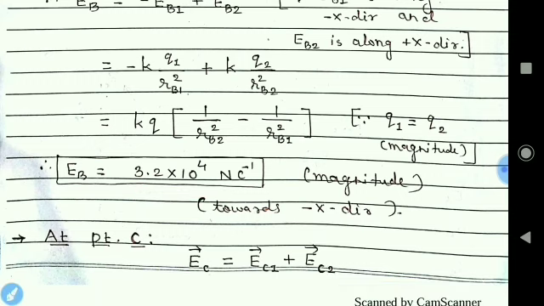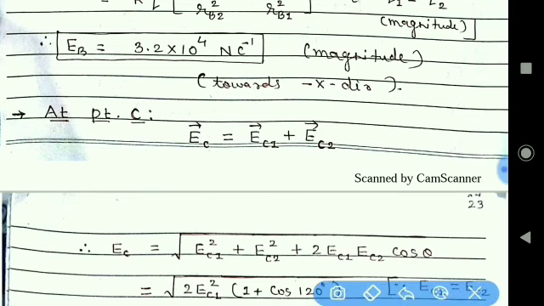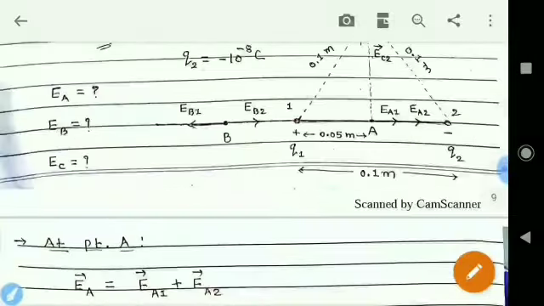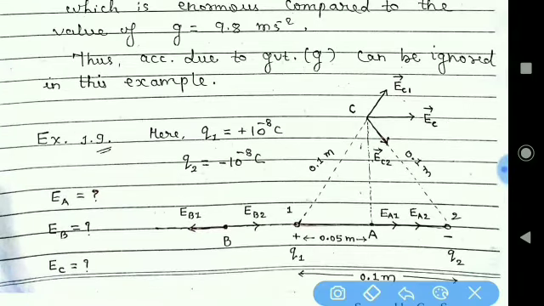And then finally, the electric field at point C. Let us see the first figure. The electric field at point C, that is this point, will be due to this charge particle as well as due to this charge particle. But the electric field due to the charge Q1 will be in this direction, and the electric field due to this charge, which is negative, will be moving towards it.